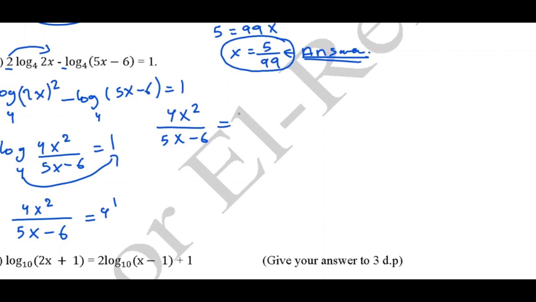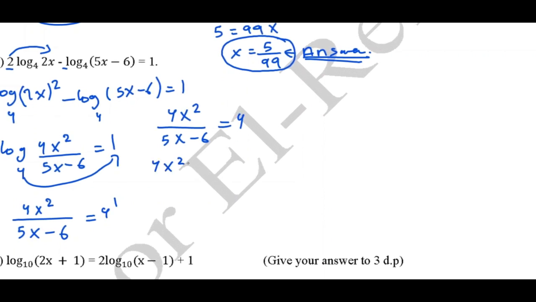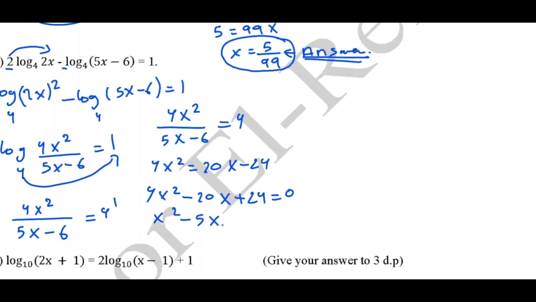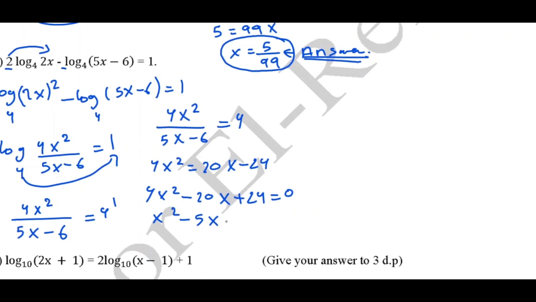Let's do a cross multiplication. 4x squared equals 20x minus 24, equivalent to 0. 4x squared minus 20x plus 24 equals 0, divided by 4. x squared minus 5x plus 6 equals 0.